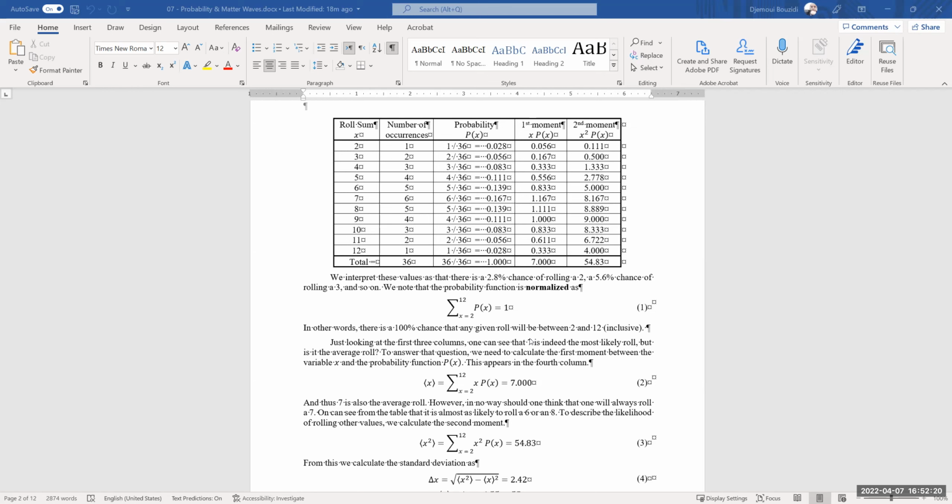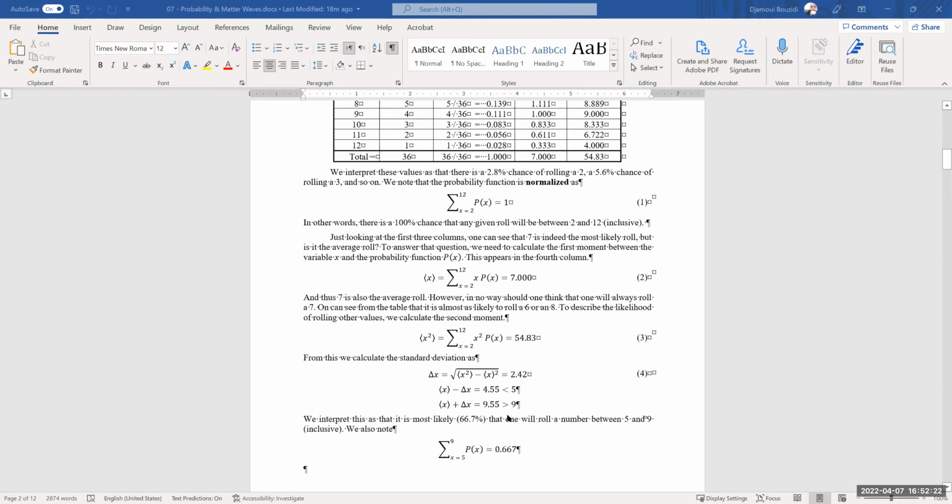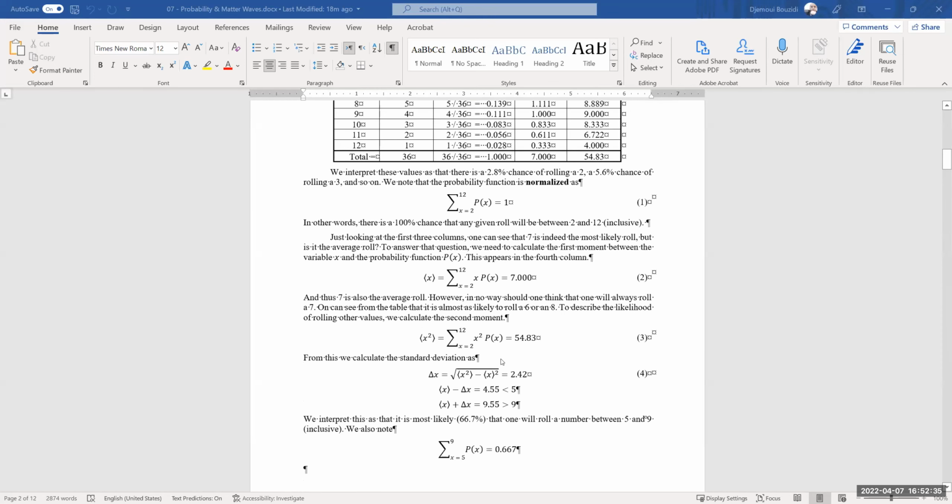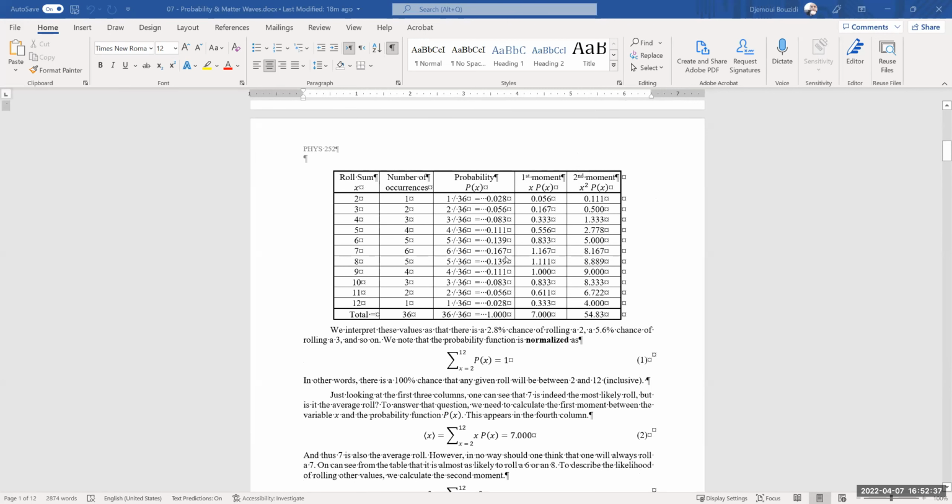So at least 1 sigma will give you almost 2/3, actually slightly more than 2/3, 68% of the data. It's going to be between 5 and 9. And in this case, actually, it's going to be 66% or something like that, because 24 over 36, is it 67%?